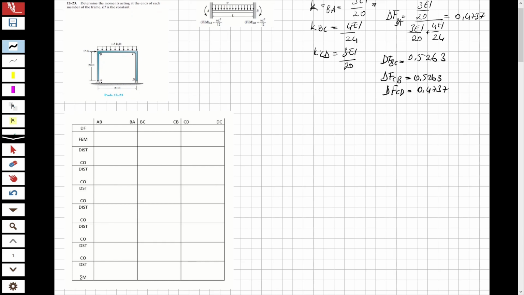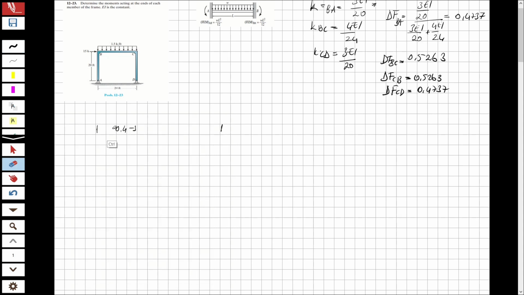For now, you can see there's a pin connection. So if it's a pin connection, this is 1 and this is 1. And this is going to be 0.4737. One second, I'm going to write.